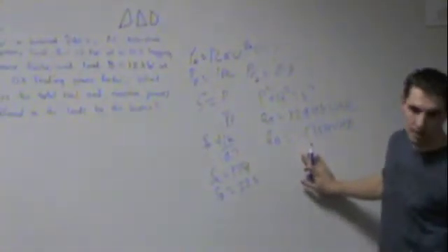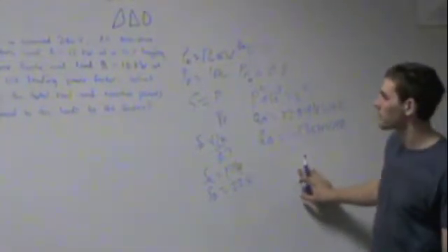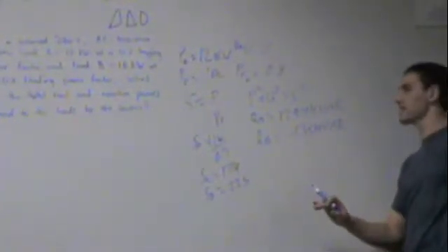Anybody know why V is negative? Because it's leading. Got it, because it's leading. Yes, so QB is negative because it's leading.